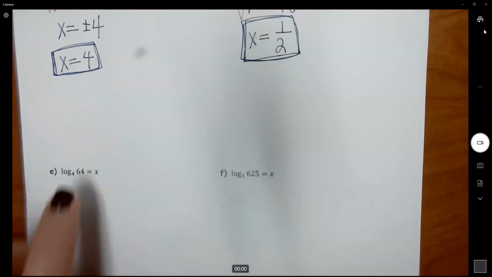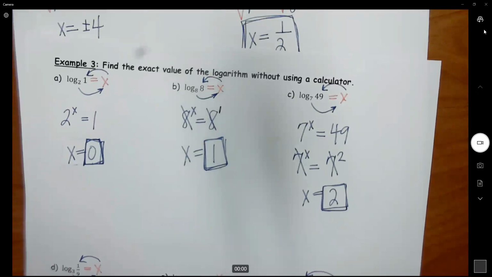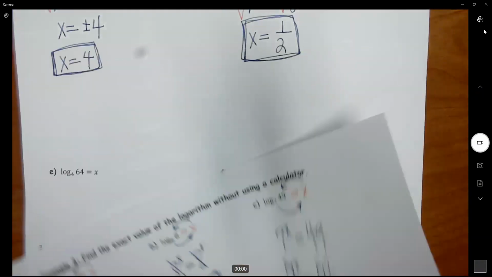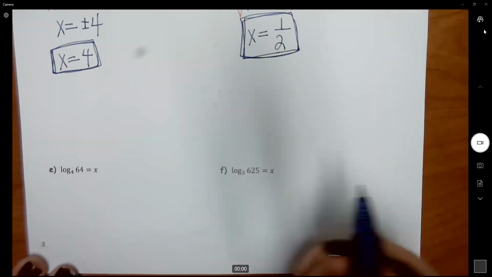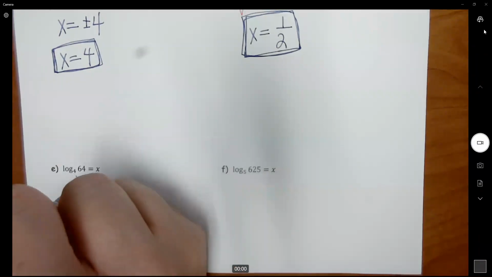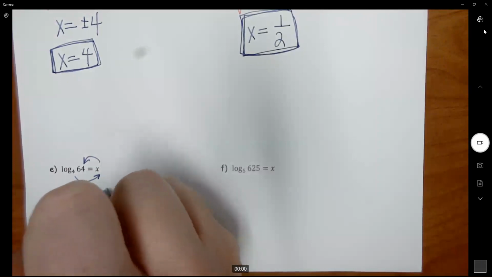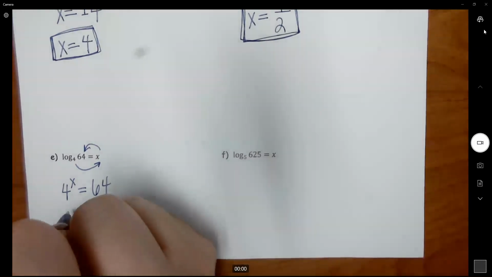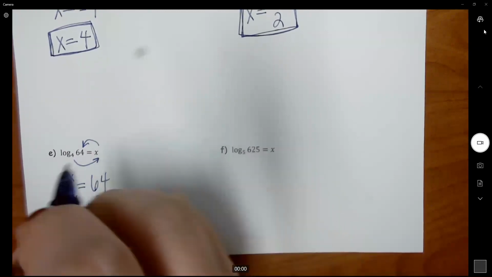And now these right here are exactly like what we did last video. When this equals x, this is when we have to get the same base and solve. So here we'll go base to x, so 4 to the x power equals 64. I can rewrite 64 with a base of 4 as 4 cubed.